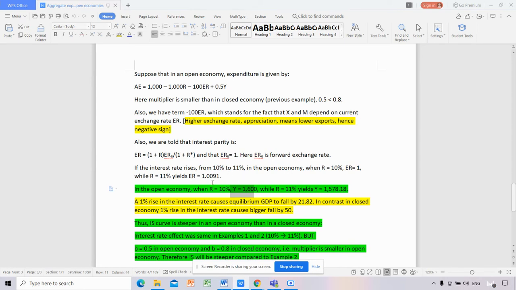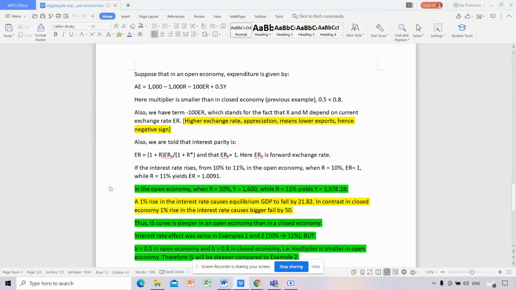The exchange rate will now be 1.0091 to keep the same parity condition. And so now you will multiply minus 1000 times 1.0091, not times 1. Again, set that expression equal to y, solve for y, and y will now be equal to 1578.18. So what has happened to GDP?